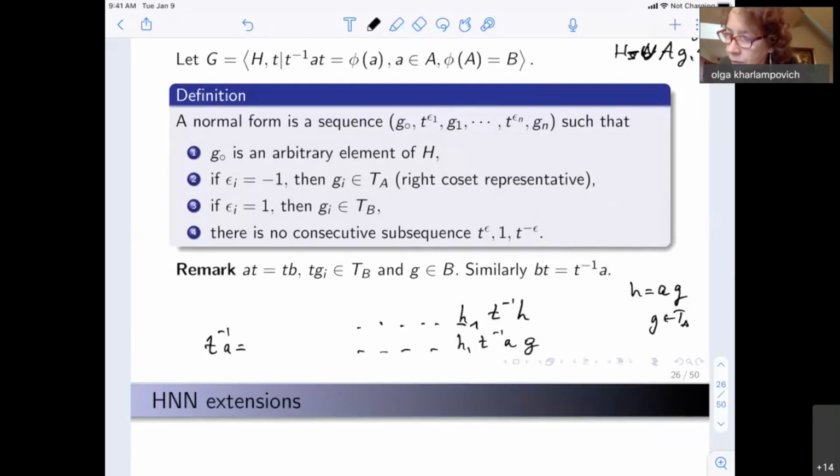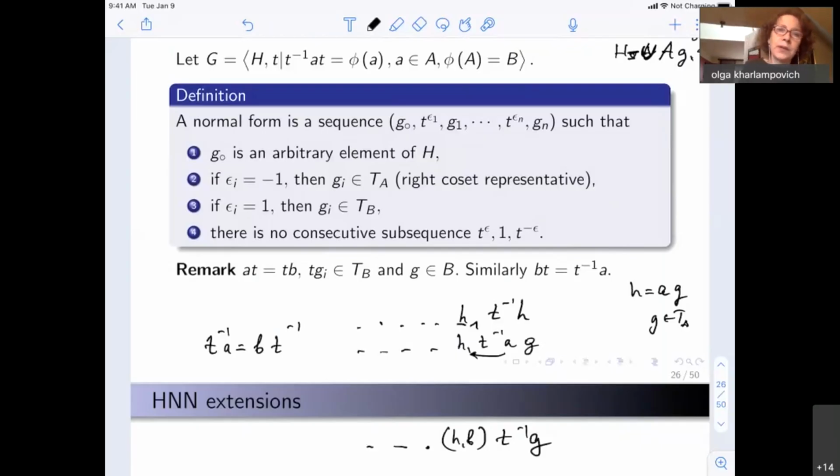So this is the corresponding b times t^-1. Then this a goes here and becomes b, right? So I'll have h1 b, and then I just join it with h1, t^-1 g. And then the tail of the word has this form, right? So t^epsilon with epsilon equals -1, and then g belongs to the right transversal for A. And what is left is becoming shorter, and so we can get it into this normal form.